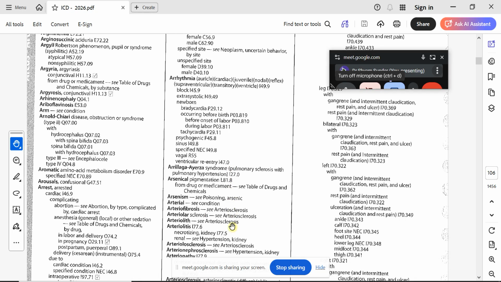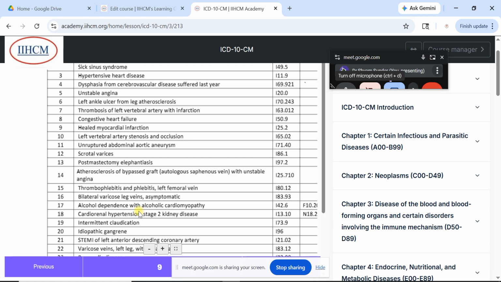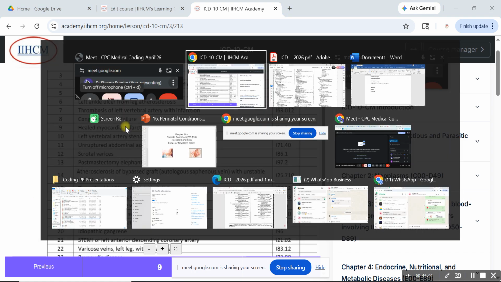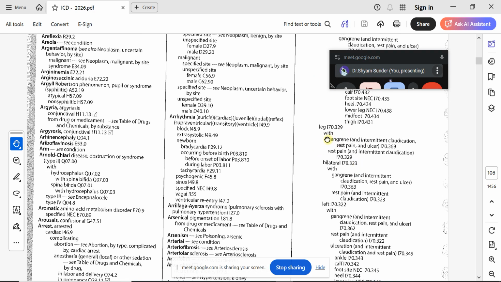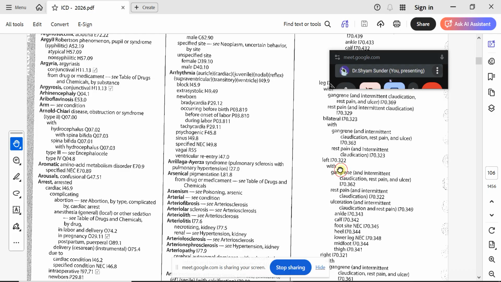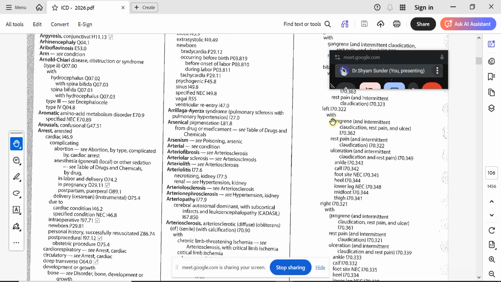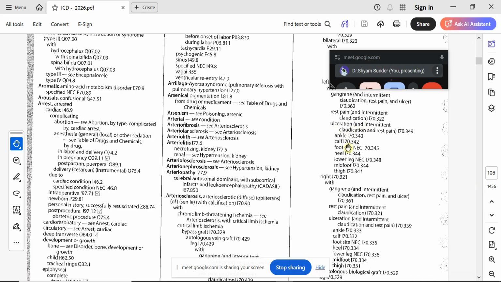In the question, it is the left ankle ulcer. Under leg, under the left, we have with ulceration, and under ulceration, which part of the leg? Is it ankle, calf, I-70 or 343?